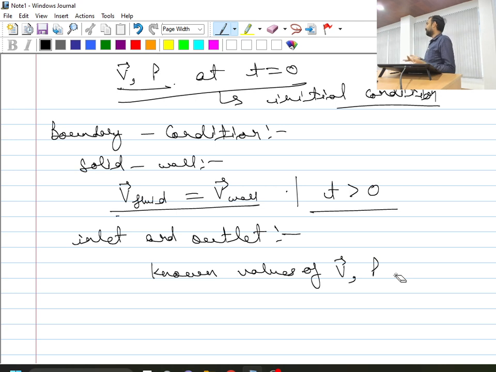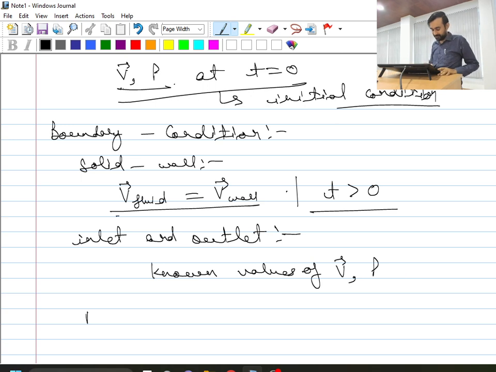And later on, whenever we will be doing the solution, we will be finding that exact value of pressure or velocity is not needed for both the walls. Rather, one is required, and for the other also we can calculate it by just considering the gradient of that boundary to be 0. So how that helps, that we will see while we will be doing the solution. But one important point is we must have known values of velocity and pressure across the boundaries. Okay, for inlet and outlets.